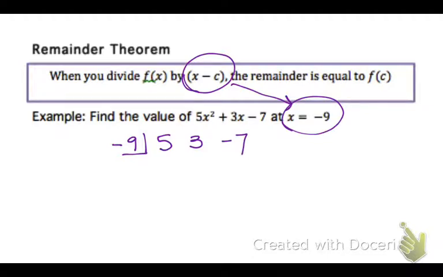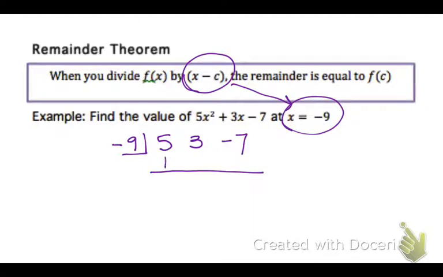I have a column for every term of the polynomial. Now, if my quadratic had been missing that middle term, I would have put a 0 there. I still have to have a column as a placeholder for that term of the polynomial when we do this division. If you don't put a 0 at the end, if you don't have a constant term on the polynomial, then you're going to end up with some incorrect solutions. So just be really careful with your placeholders.